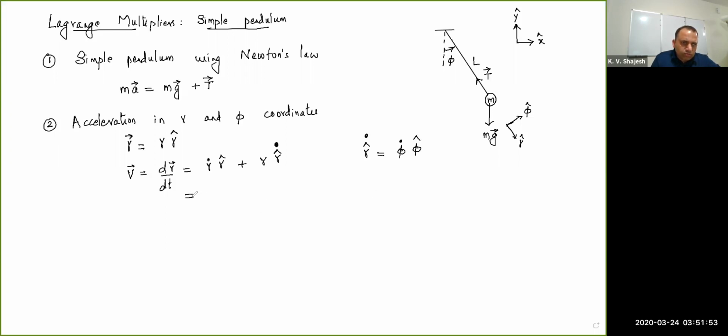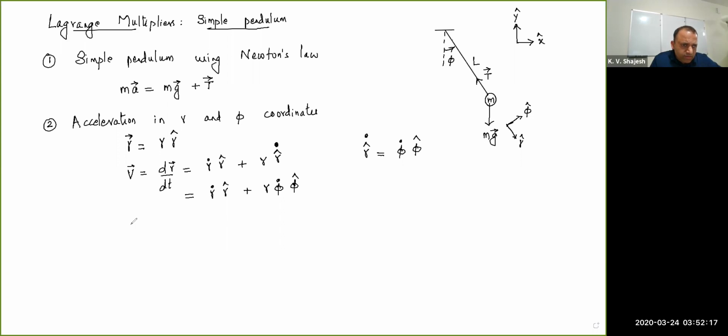So the velocity v is r dot times r hat plus r times the rate of change of phi, phi dot, times phi hat.